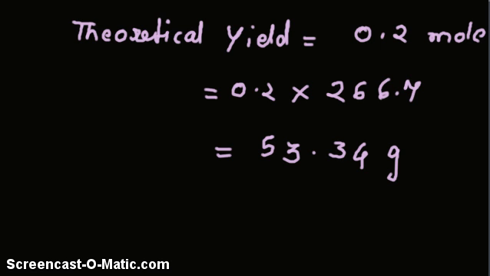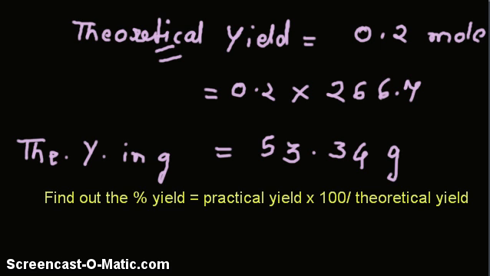So this is the theoretical yield in grams. This was in moles, and this is in grams. Now we shall find out the percentage yield by using the formula: practical yield multiplied by 100 divided by theoretical yield. Practical yield and actual yield are the same.